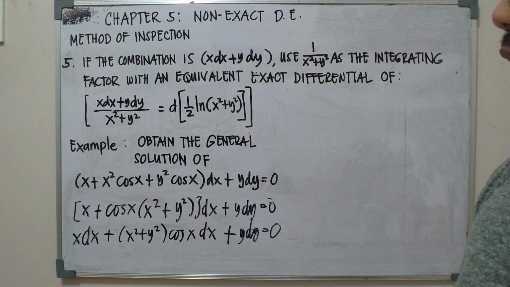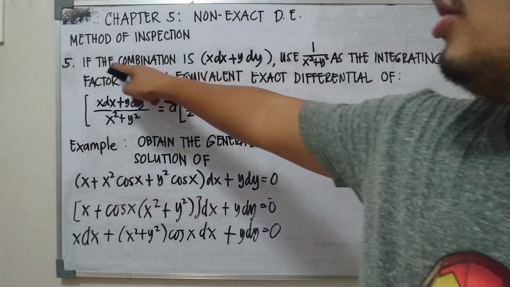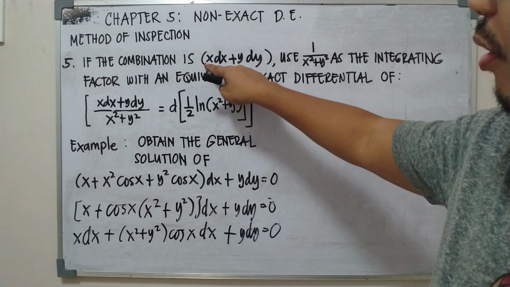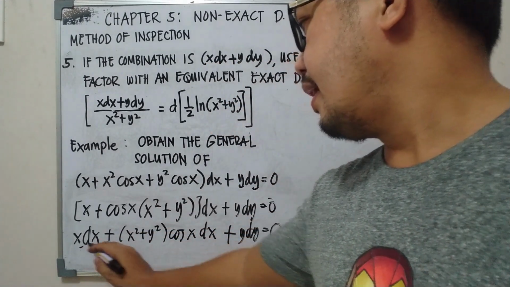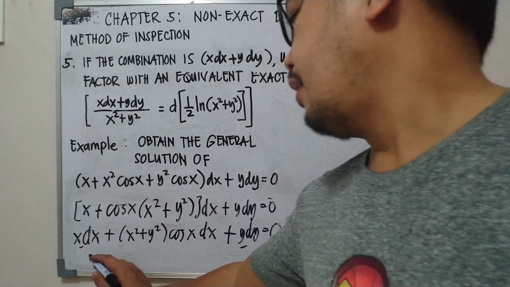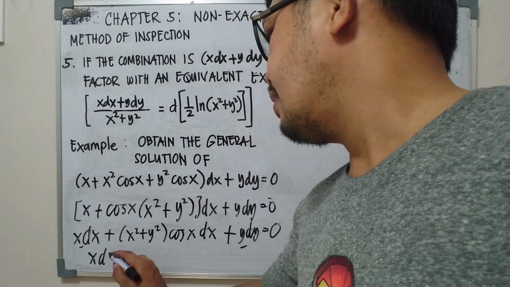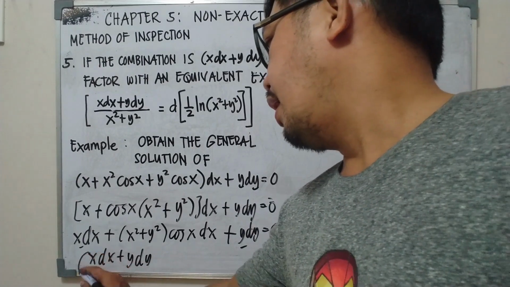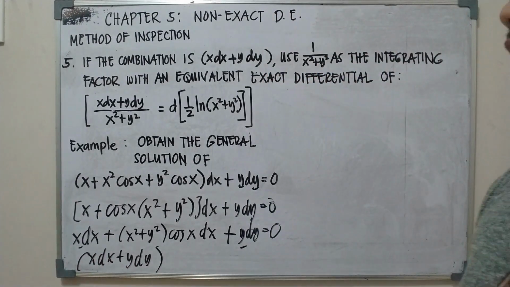Okay? So, arrange mo na using yung ating combination. Dapat magkaroon ka ng ganitong combination. So, we have x dx, y dy. So, arrange ko. So, x dx plus y dy. Ito yung ating combination na gagamitin.